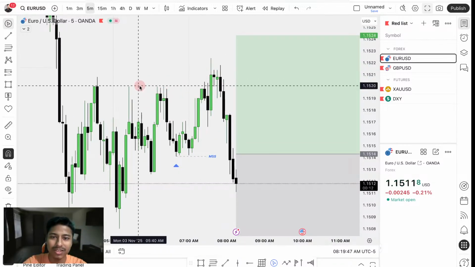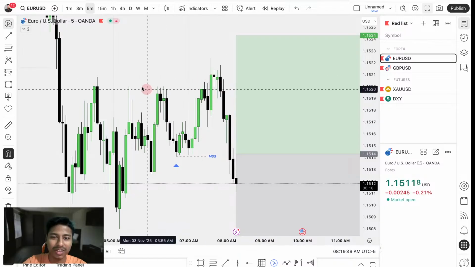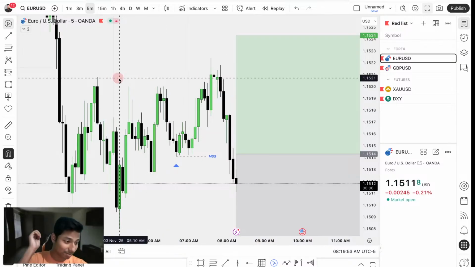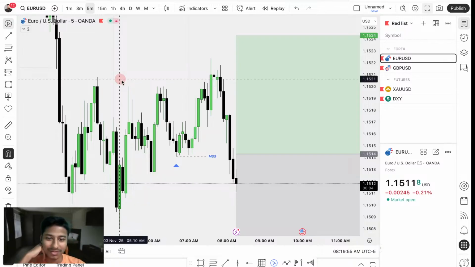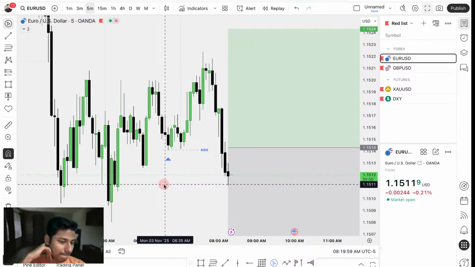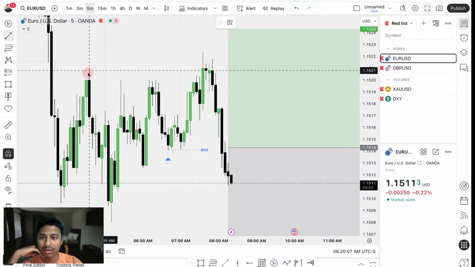Did you just do a turtle soup here? Just a liquidity sweep above. Well, it took equal highs. Yeah, it did take equal highs right here.